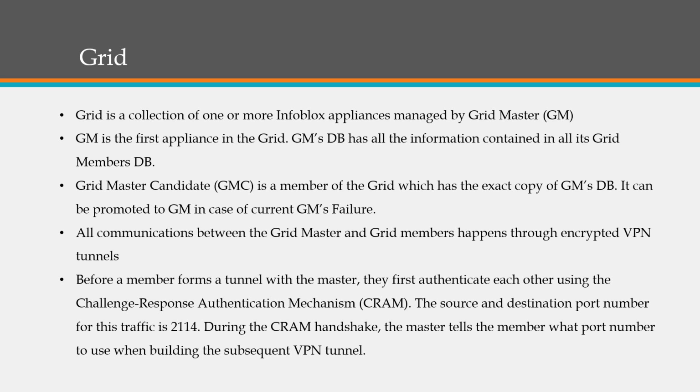The next is the grid master candidate. A grid master candidate is a member of the grid which has the exact same copy of the grid master's database. It can be promoted to grid master in case the grid master fails.